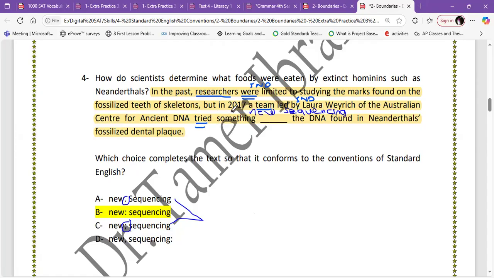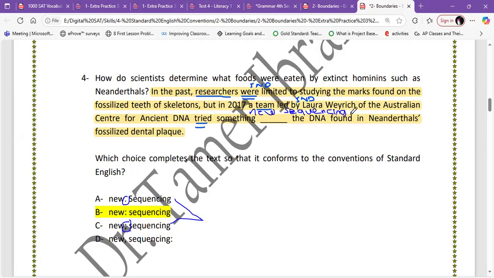In 2017, prepositional phrase, a team led by Laura, this is the subject, this is a modifier, of the Australian Centre for the Engineering, tried, the verb. So we have 2 independent clauses, and between them, comma, fanboys. Tried something new. Till now, it's a full sentence.